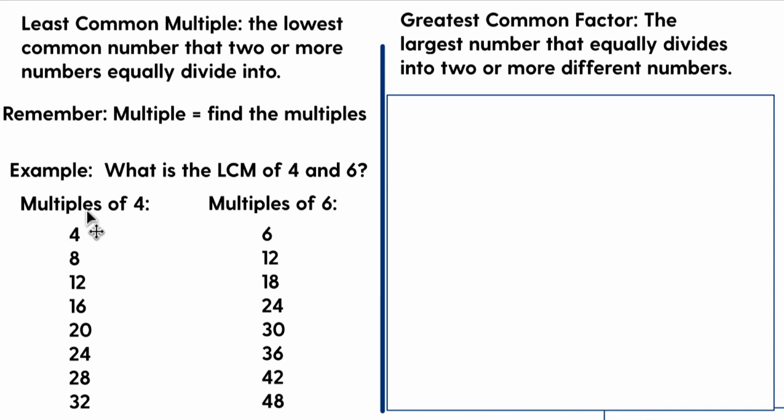So here you've got multiples of 4: 4, 8, 12, 16, 20, 24, 28, 32. Multiples of 6: 6, 12, 18, 24, just counting by sixes, and counting by fours.